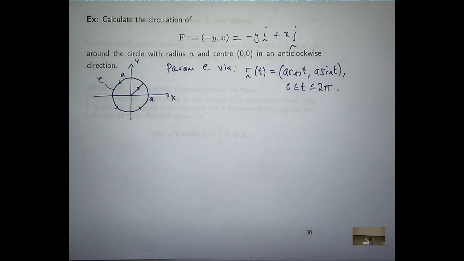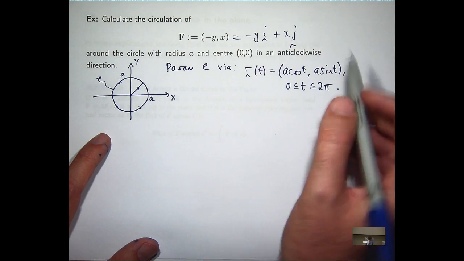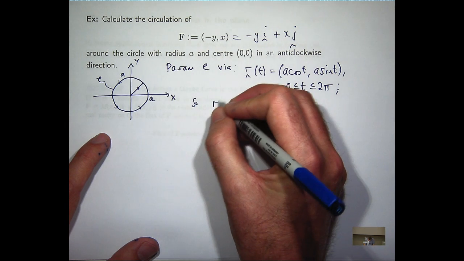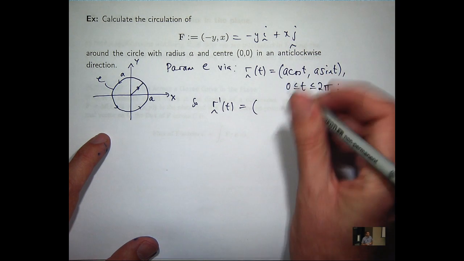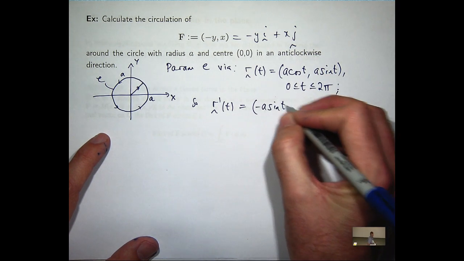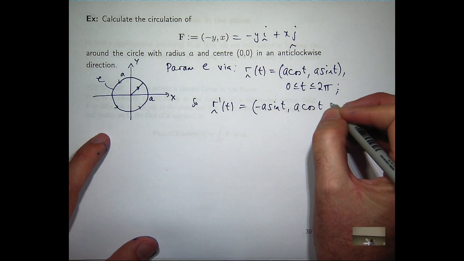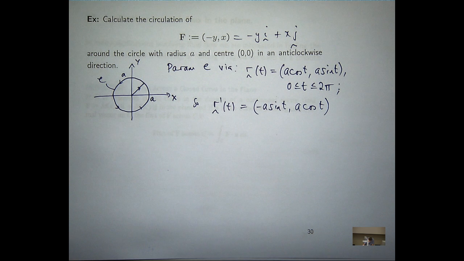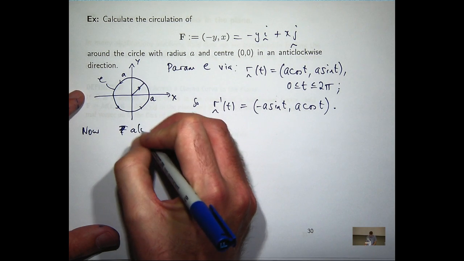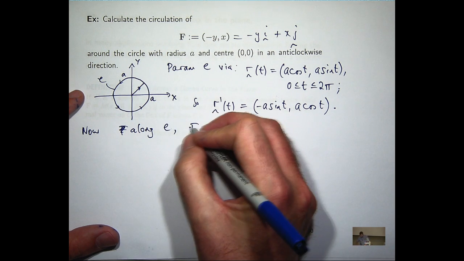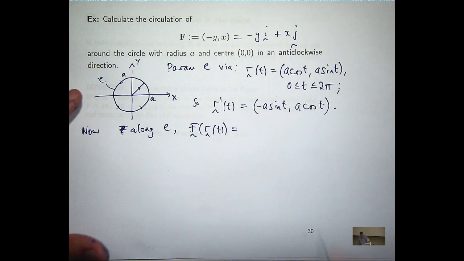Now, what we're going to do is calculate the derivative, by calculating the derivatives of each component. And basically you want to take that derivative and dot it with the original vector field evaluated around C. Along C, F will be the following.